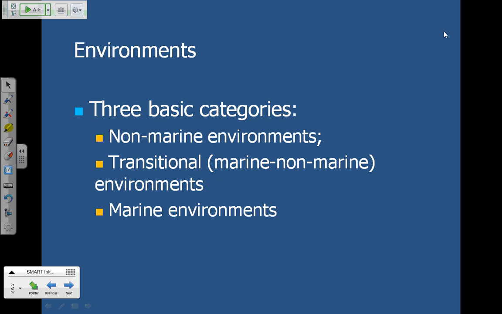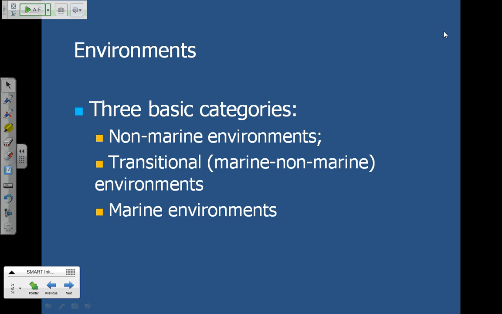Okay, so let's look at our environments now. We've got three basic categories that we delineate. We have non-marine, which are essentially on the continents, on land. Then we have transitional. Sometimes they're referred to as marine, non-marine environments. These are the areas around the coastline where you get the interaction of the ocean and the land playing a part in those environments.